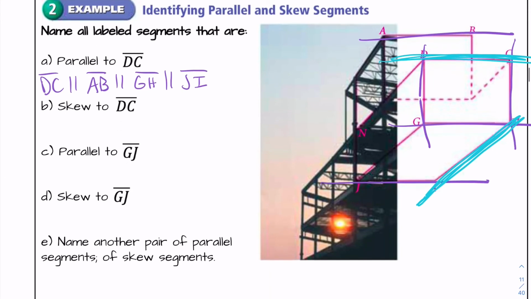You know what? It looks like what won't intersect is HI. HI is good. HI is skew.